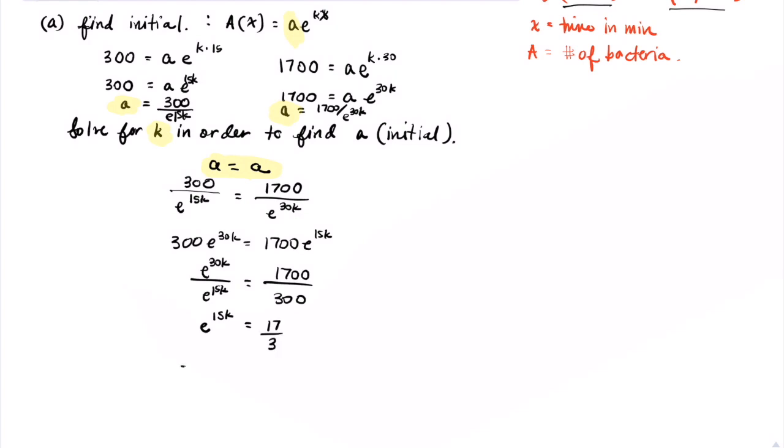And then just finding the natural log of each side, and as we know what k equals, we know that the natural log of 17/3 divided by 15 is equal to k.